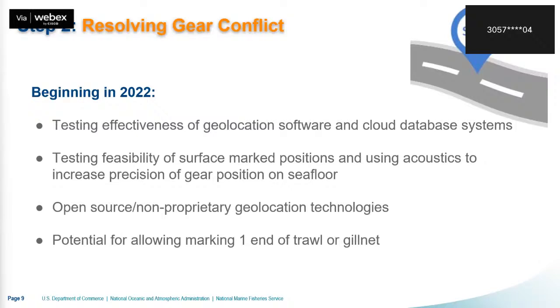An outcome that we need to prevent, and I think we're working towards this, is having certain manufacturers produce their own unique proprietary non-interoperable geolocation solution, therefore requiring fishermen to buy several different units in order to effectively prevent gear conflict and see the location of others' gear.